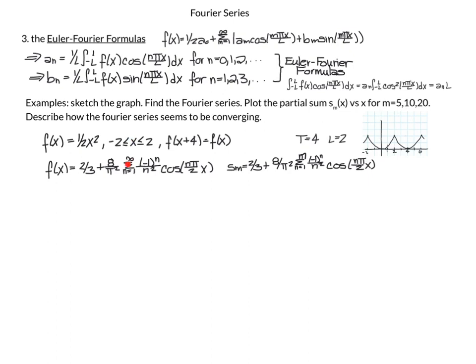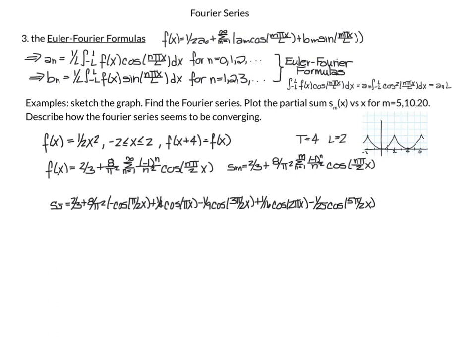And of course, we can't sum to infinity, but we could take partial sums. That's what these S of m are, partial sums. So our partial sum is essentially the same formula, but instead of going from n equals 1 to infinity, for the mth partial sum, we're going to go from n equals 1 to m. So for example, S of 5 is for n goes from 1 to 5.